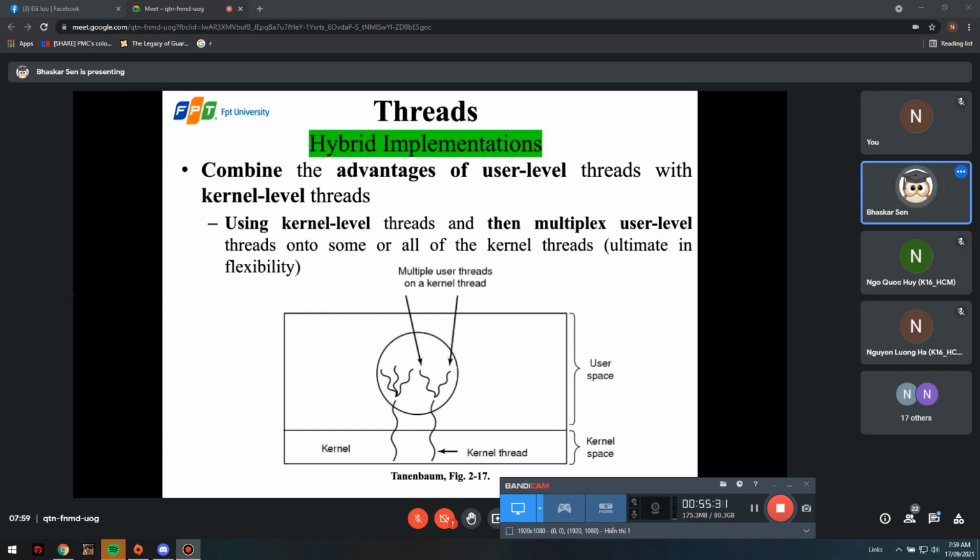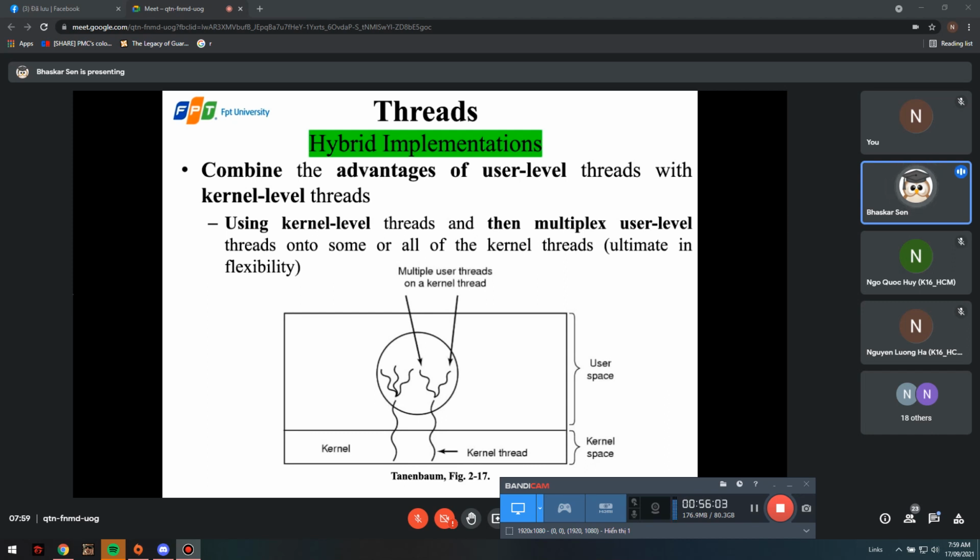what we do is we basically drop a thread that we call kernel thread. We drop a thread called kernel thread to keep the kernel informed, or to pass some basic information about the threads to the kernel.